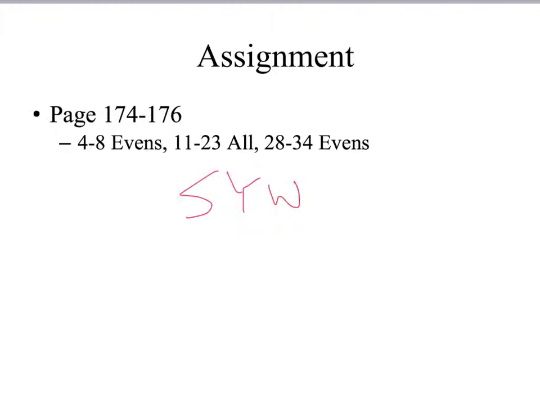Before you do numbers like 13 and 14, just to give you a heads up, you're going to need to solve for those variables, and then answer the question. So there's going to be 2 answers for 13 and 14. Make sure you answer all the different pieces of the problems. Be careful. Make sure you're reading directions and solving for everything.